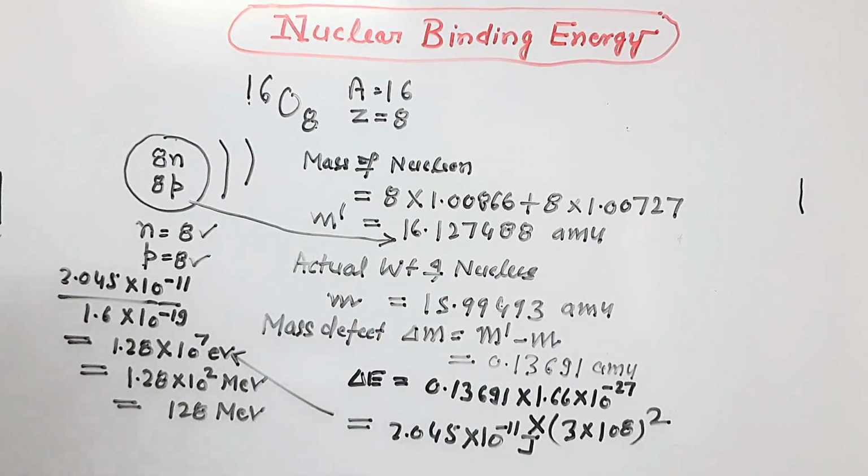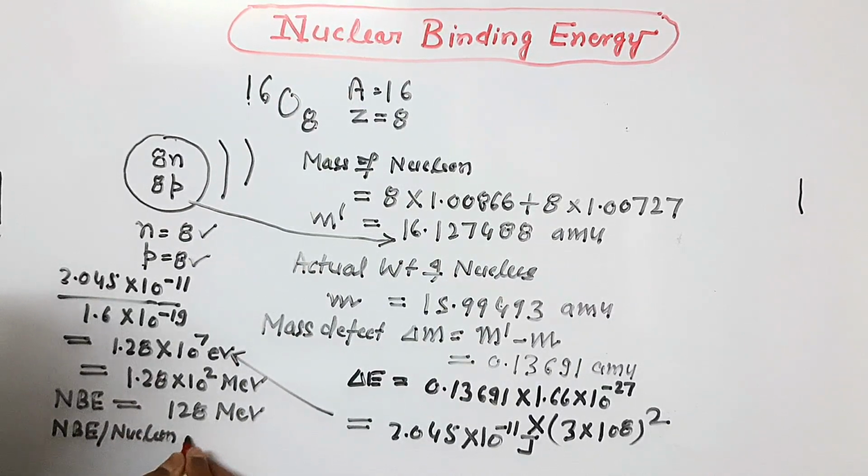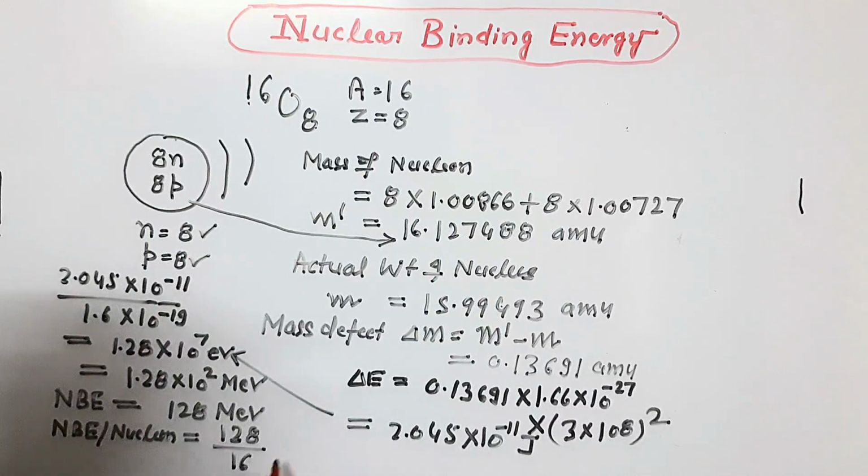Now we have to calculate NBE per nucleon. You will do nothing, just divide it by the number of nucleons. That is 128 divided by the number of nucleons, which is 16.